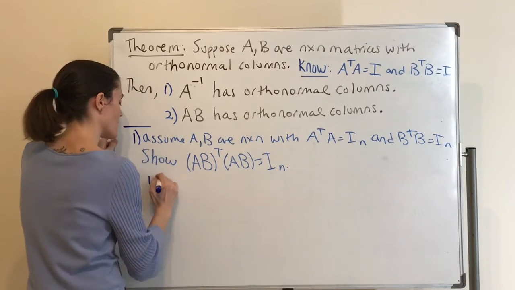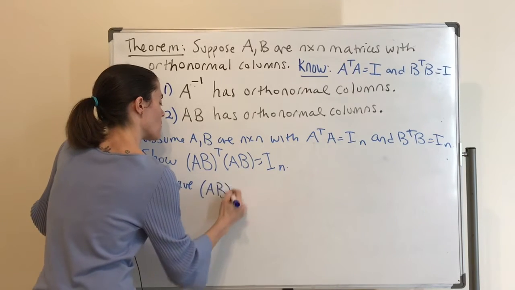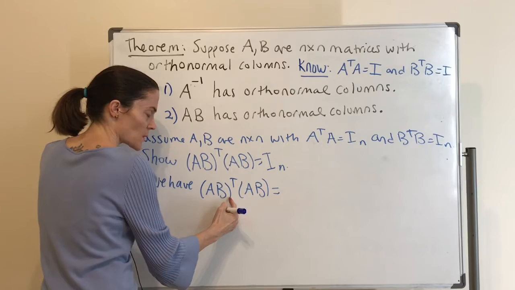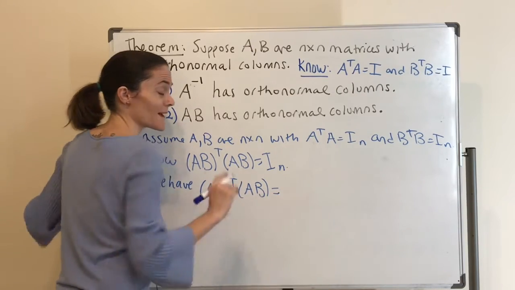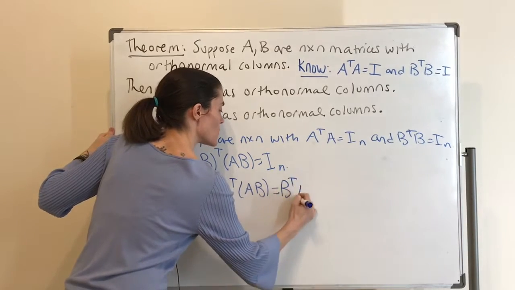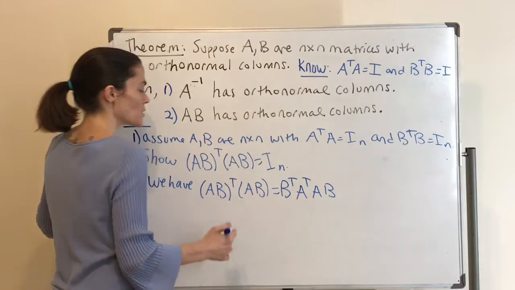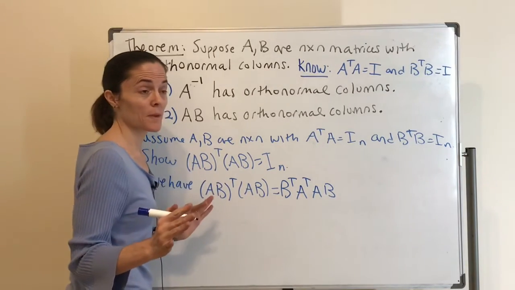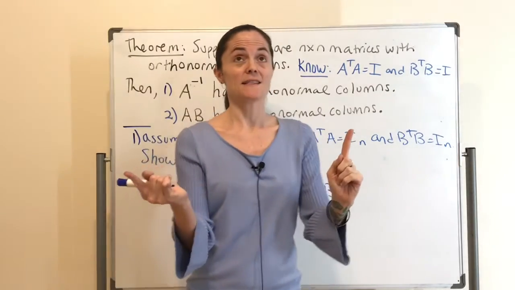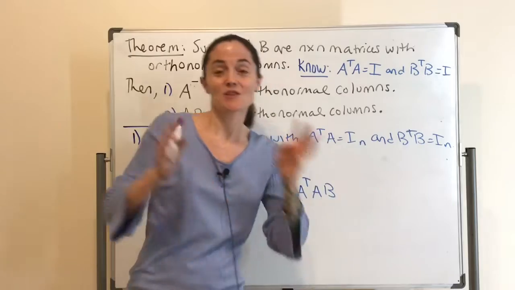Okay, well now we just use properties of transpose. So we have the following. If you take the transpose here, we discussed this property. It's a transpose of a product. This is B transpose, A transpose, and then I have AB. Now, you notice I didn't put my parentheses anymore because you cannot necessarily change the order of matrix multiplication, but you can group them however you want.